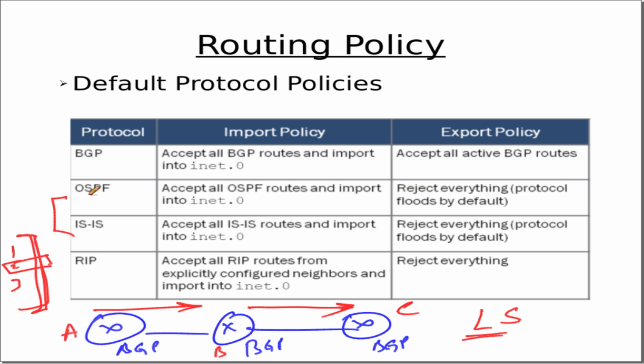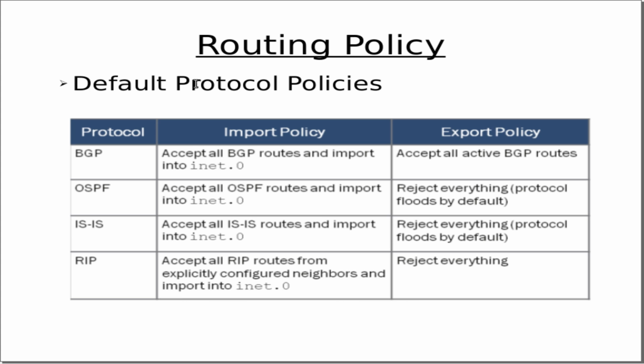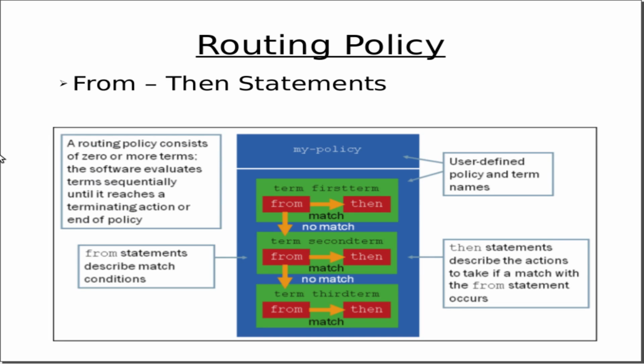the other neighbors. So if we are to implement routing policies, it's just a pairing of from and then statement, and what we do is that we define a routing policy by any name that you want to use.